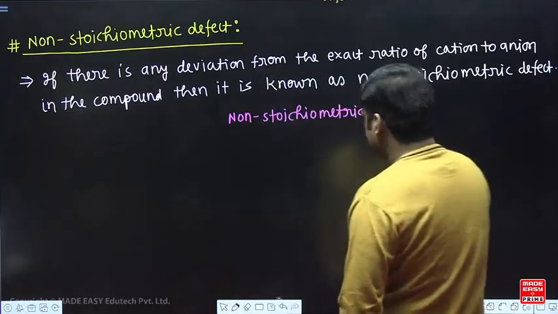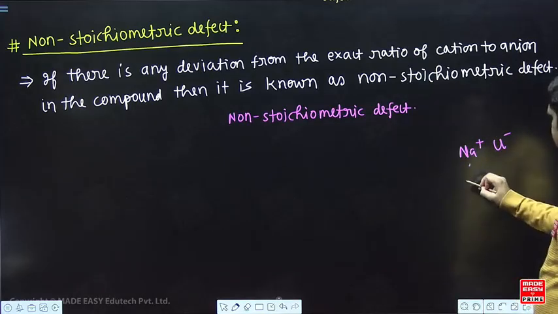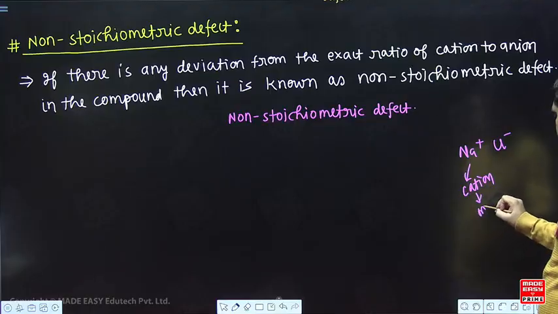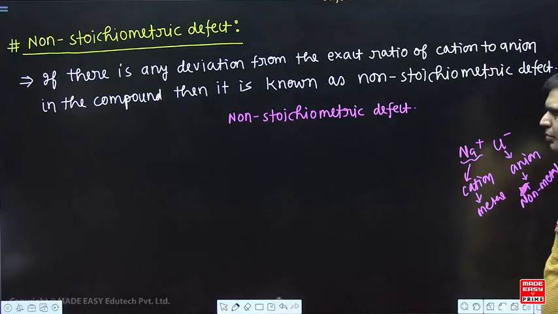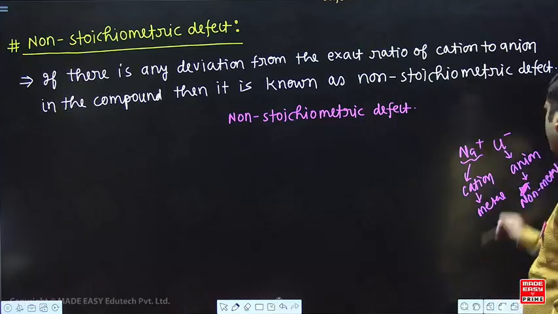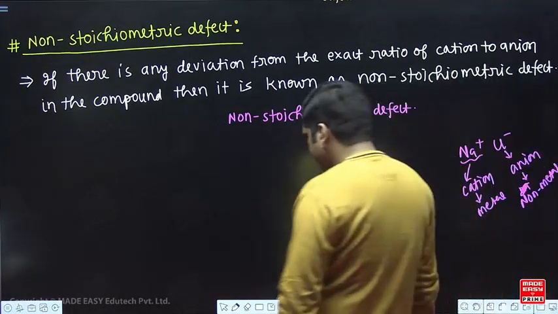Now you see, my dear friend, let us suppose you have NaCl. So this cation is what? It is metal, and anion is non-metal. So if the ratio is disturbed, either the number of metals will increase or decrease, or vice versa, the number of non-metals will increase or decrease.